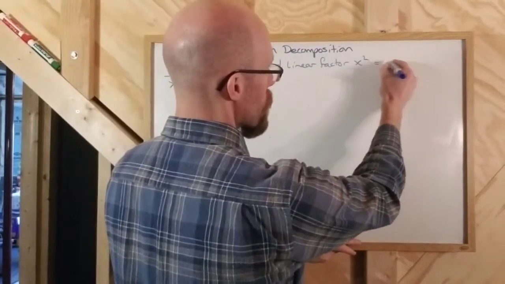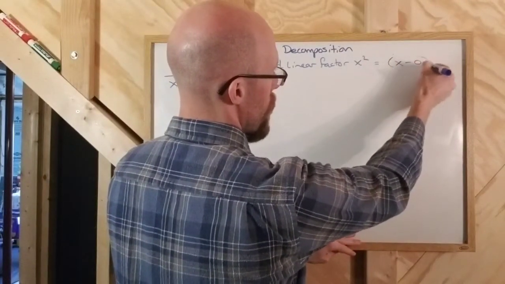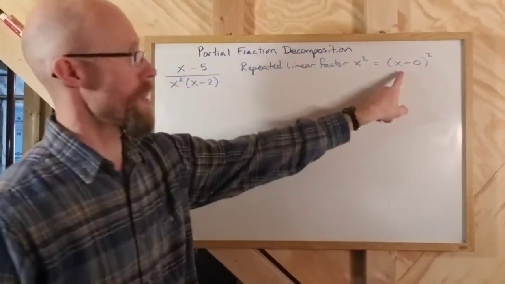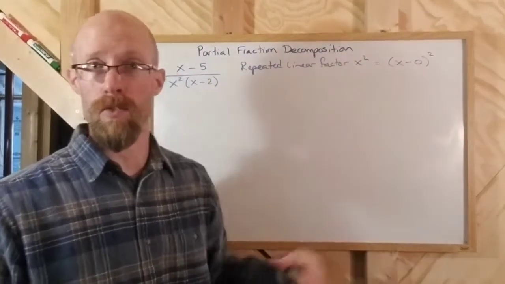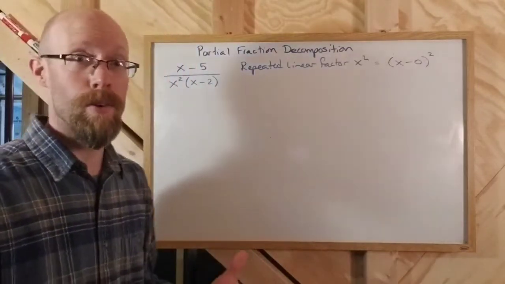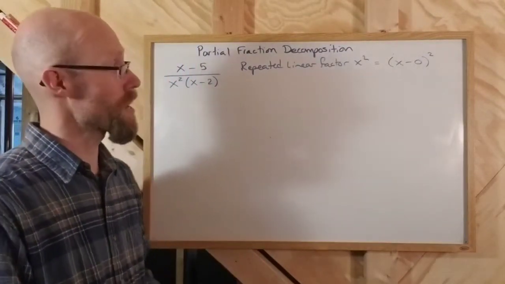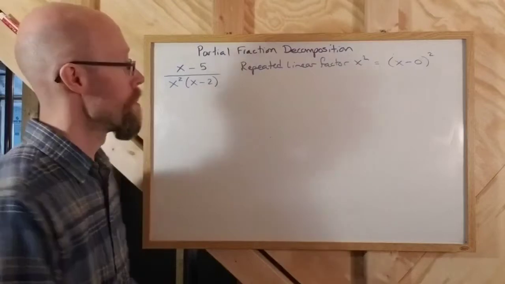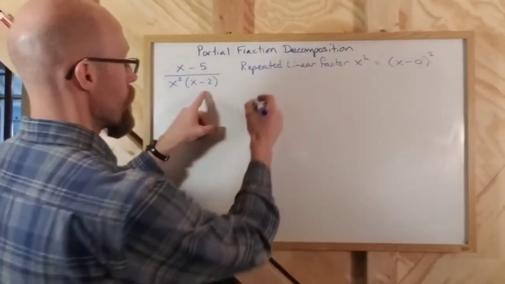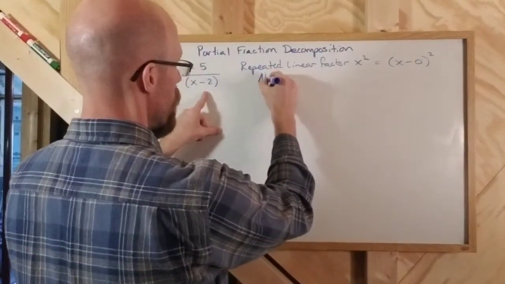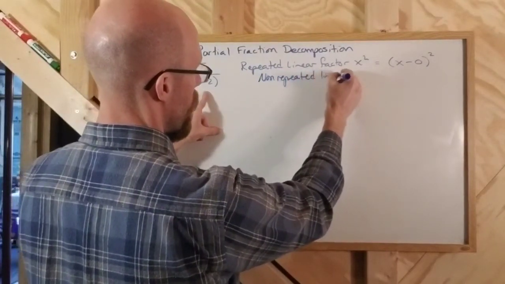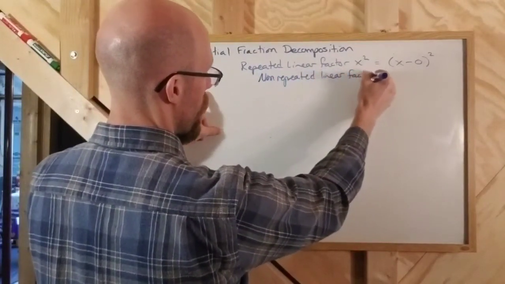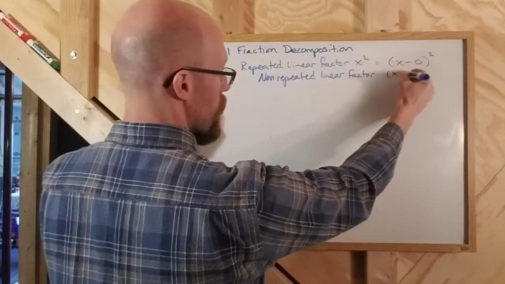It is equivalent to the quantity x minus 0 squared. X minus 0 being the linear factor, squared meaning it's repeated. Okay? So it is technically a linear factor that's repeated. All right? And then we also have a non-repeated linear factor, and that's the x minus 2.